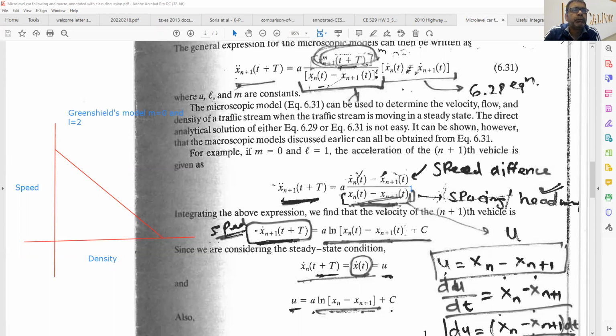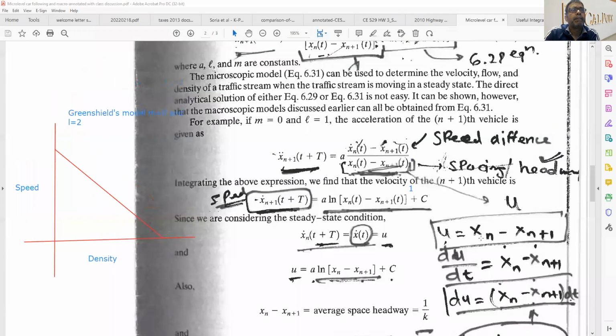So I'm going to assume this to be, and in the class I assumed this to be u, but let me make it a v here. In the class, I asked you to do integration by substitution by substituting this to be a u value, but it looks like this textbook by Garber and Hoyle uses u for the speed later on.